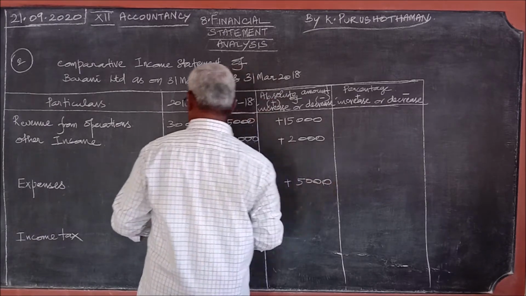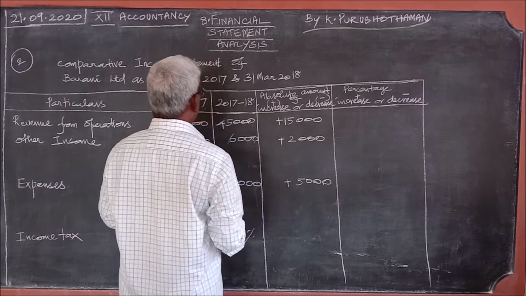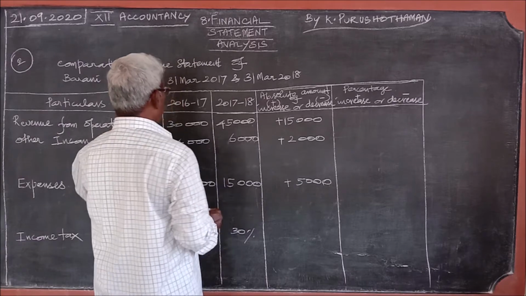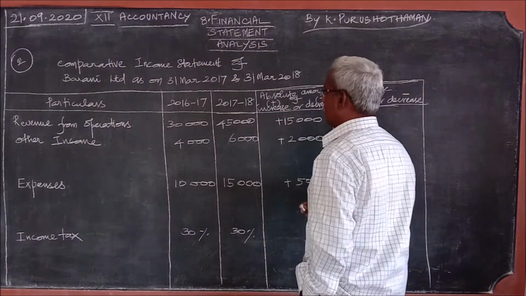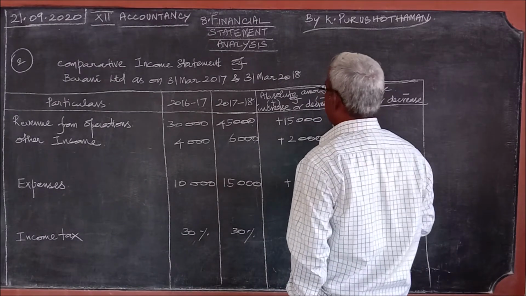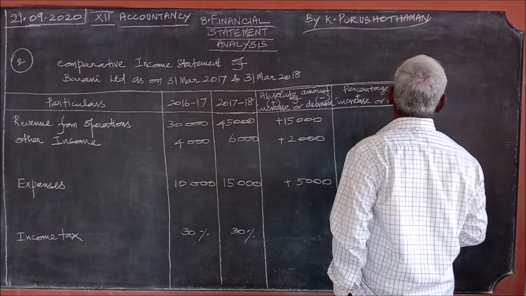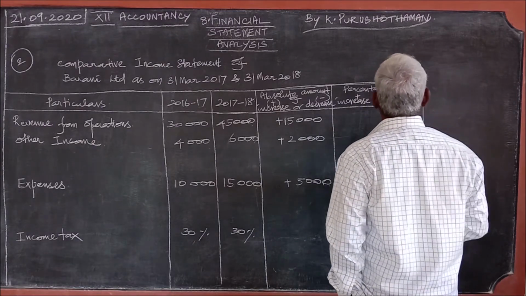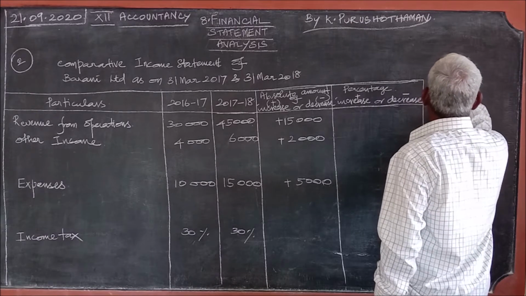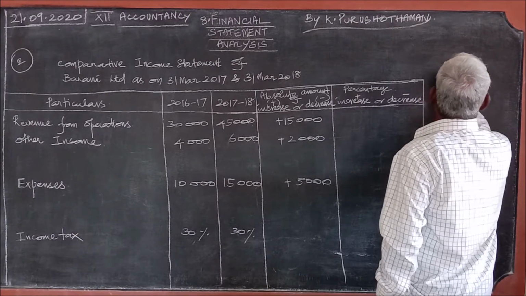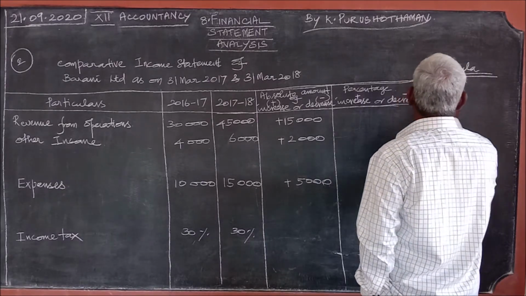The income tax we will find only on the profit. So we shall do step by step now. First one, revenue from operation. There is an increase of 15,000. It should be shown as percentage. To find the percentage, what should we do? You can use the formula for this. It is nothing given in the book, but I give you some idea.